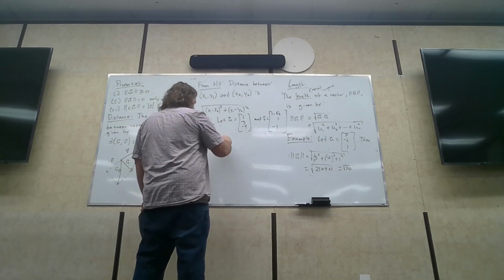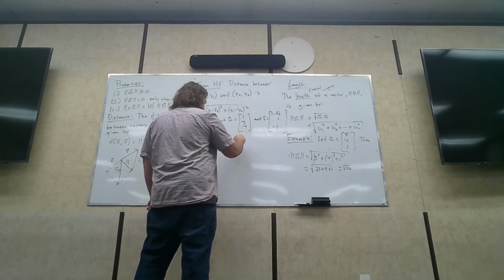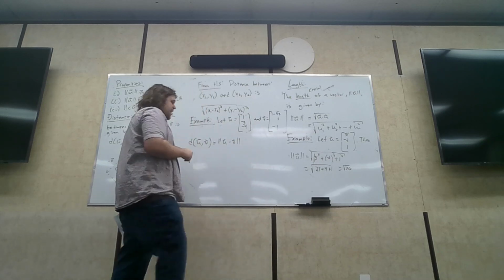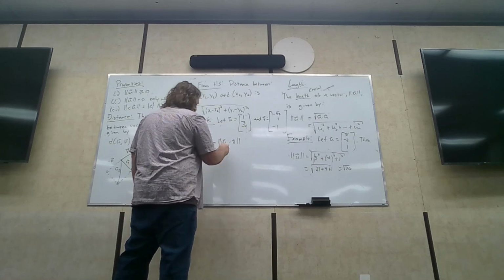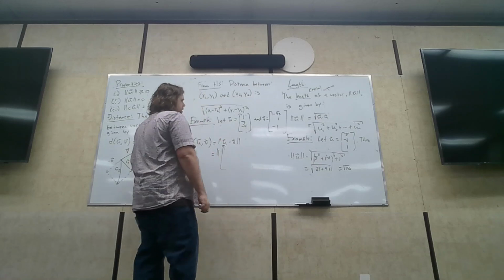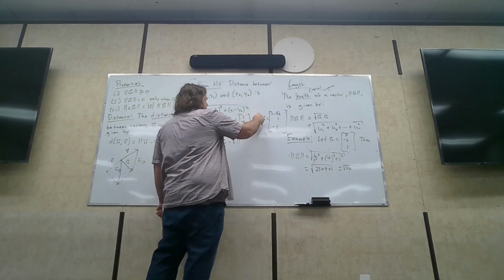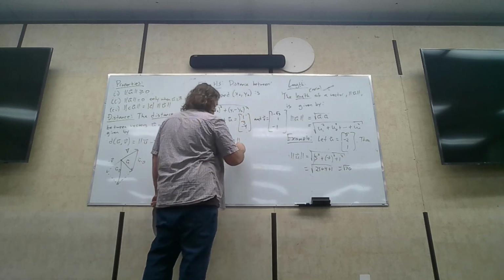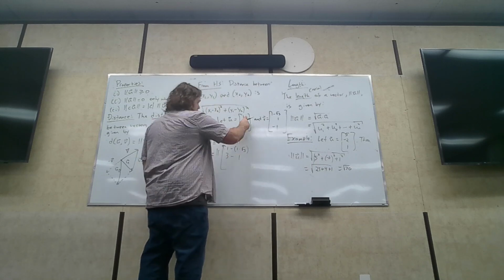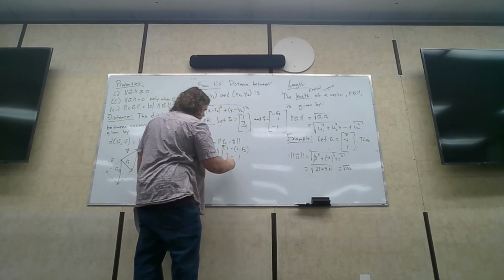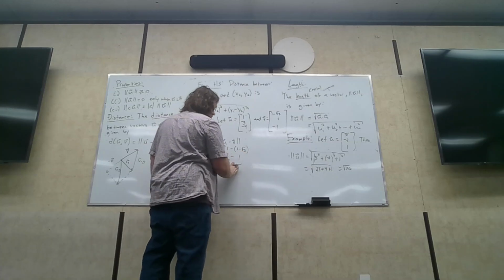Well, that's the length of u minus v. So first we have to find that, and then we find the length of it. So what is u minus v? You can do it on the side or in your head. It's 1 minus square root of 3, 3 minus 1, minus 4 minus minus 1.